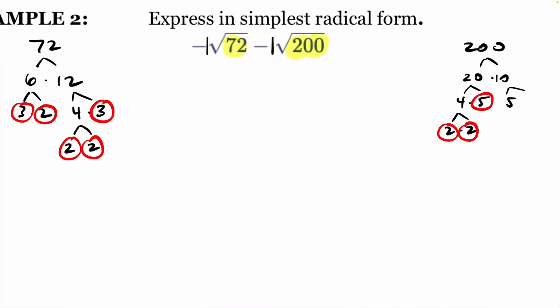And then 10 is 5 times 2. Circle the 5, circle the 2. Rewrite. Negative 1, minus 1. So I'm going to rewrite it. 72 is not 72 anymore. It's 3 times 3 times 2 times 2 times 2.